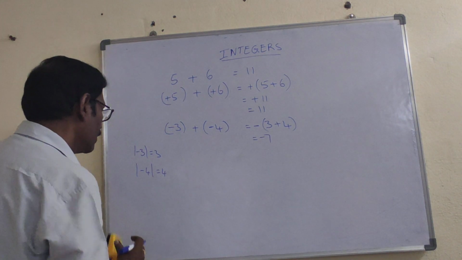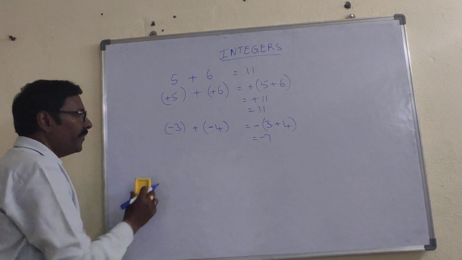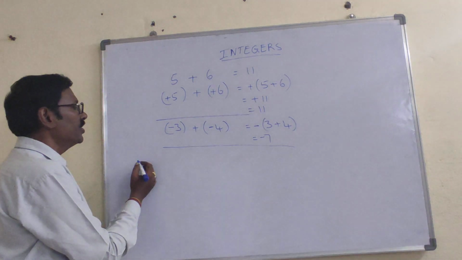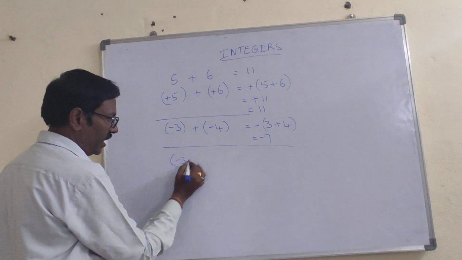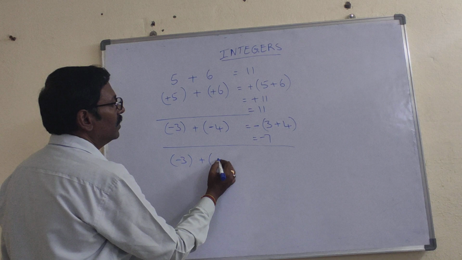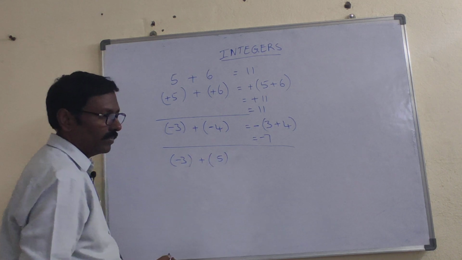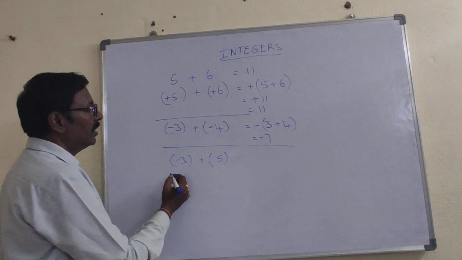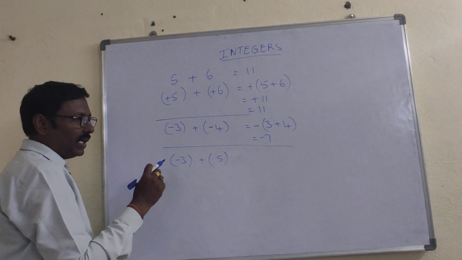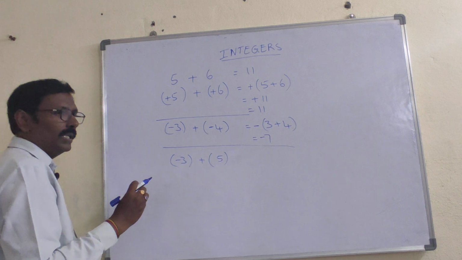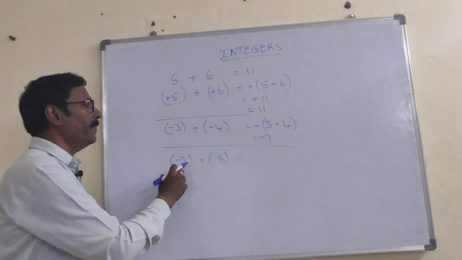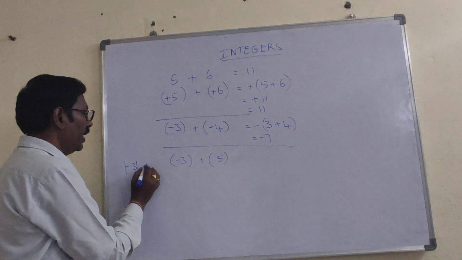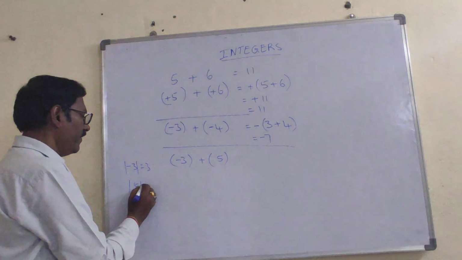Okay, like that. Suppose you want to add one positive and one negative integer. Let us see, this is minus 3 plus 5. Here we have to subtract the absolute values of these two numbers. The absolute value of minus 3 is 3 and the absolute value of 5 is 5.